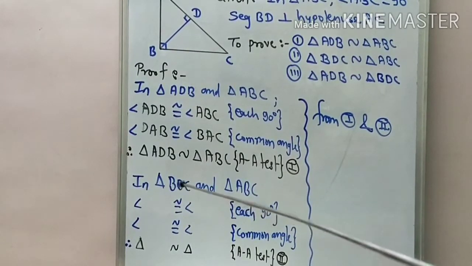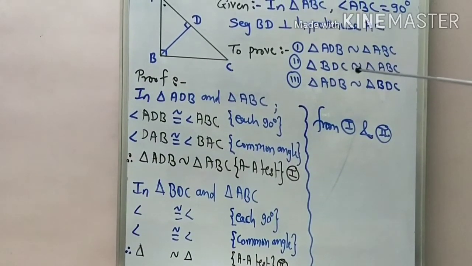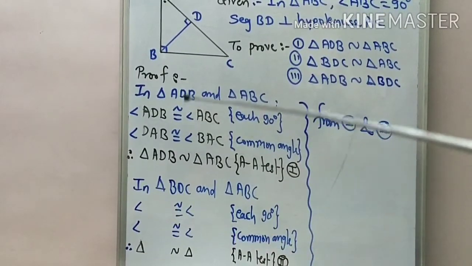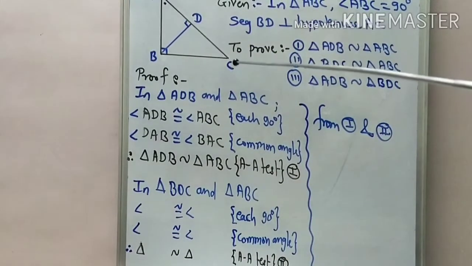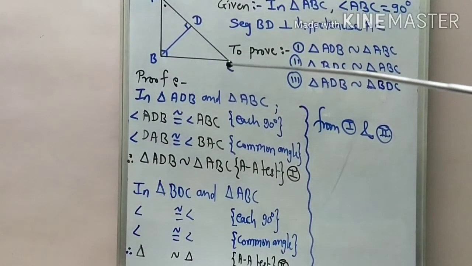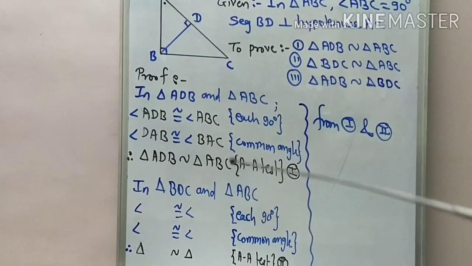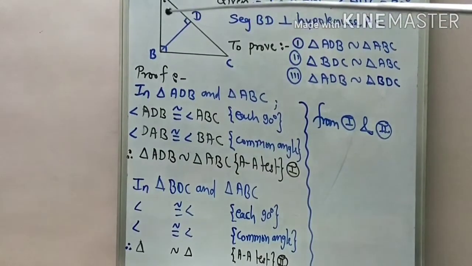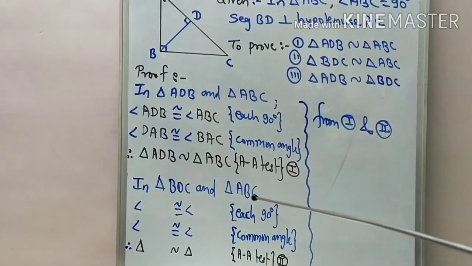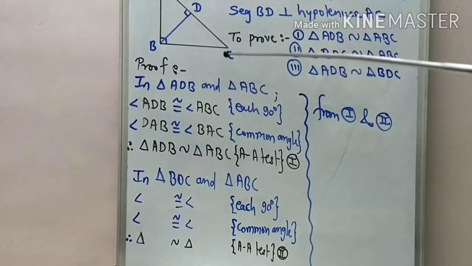Similarly for the second pair, triangle BDC and triangle ABC, we also prove similar by the AA test. As you notice, students, angle BDC is 90 degrees, and in the original triangle angle ABC is 90 degrees. So that pair we write down here with the reason, each of 90 degrees. In triangle BDC and in triangle ABC, as you notice, angle C is common to both triangles.